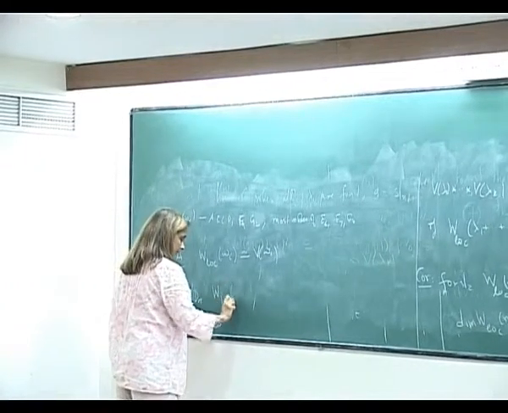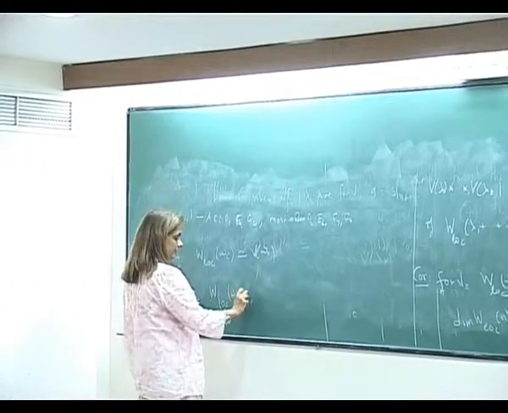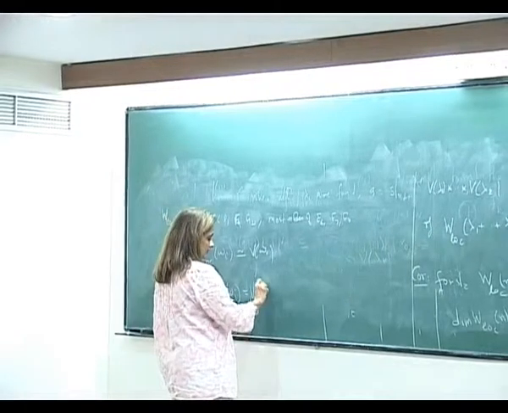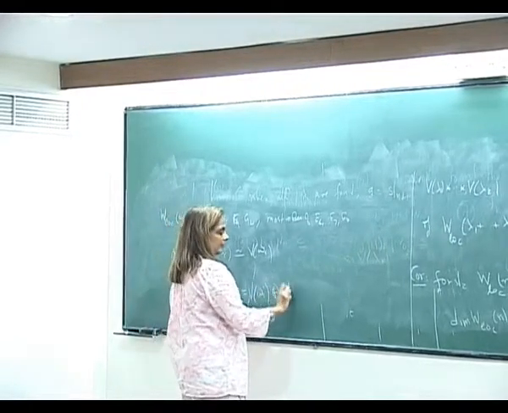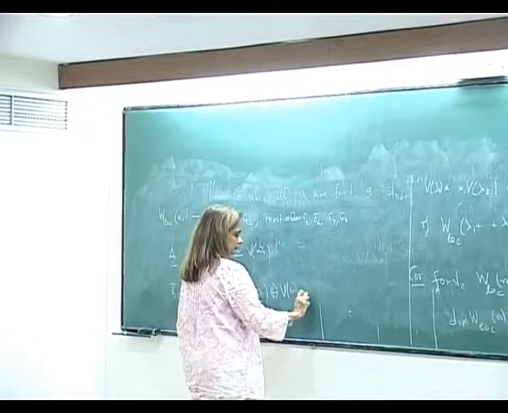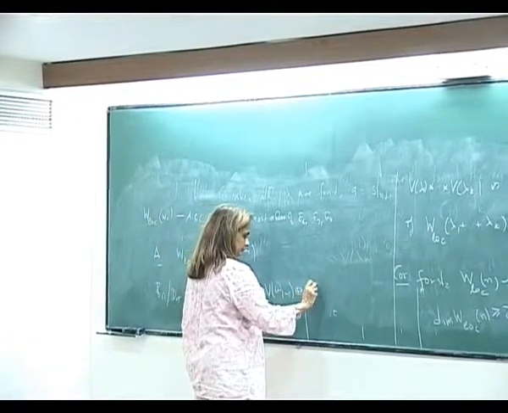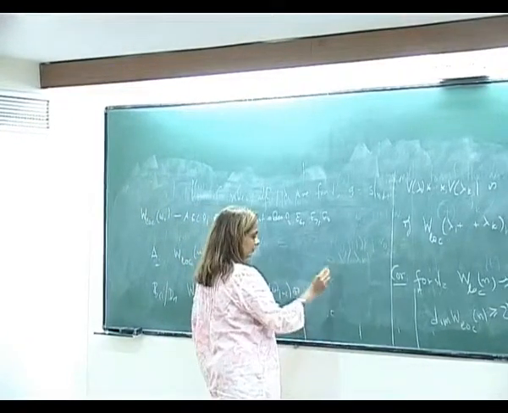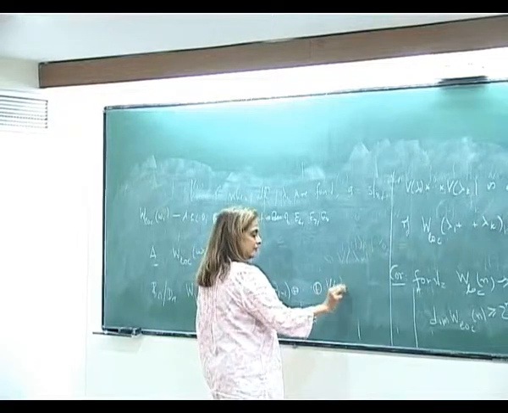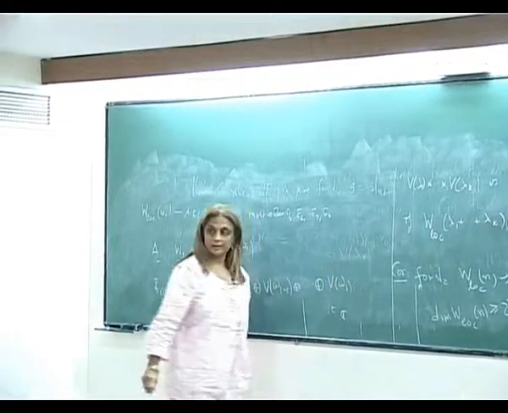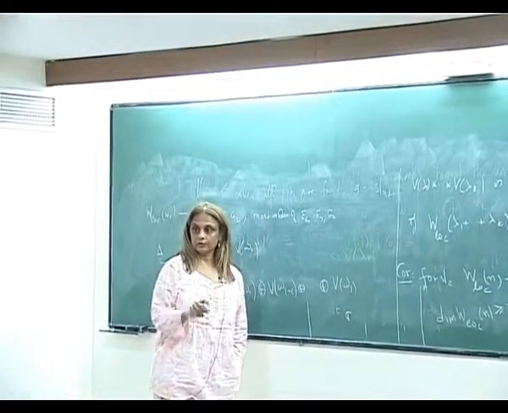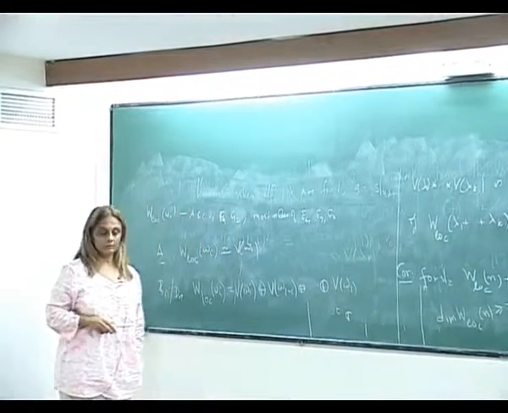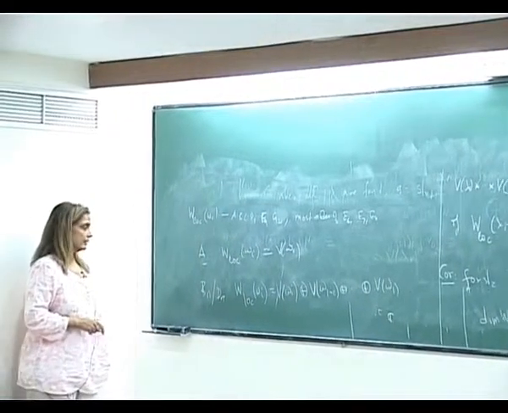W log omega I is equal to V omega I plus V omega I minus 2 plus so on, down to V omega 1 if it's odd, and otherwise you go down to C, going down by a difference of 2. So you have to think of omega 0 as C.